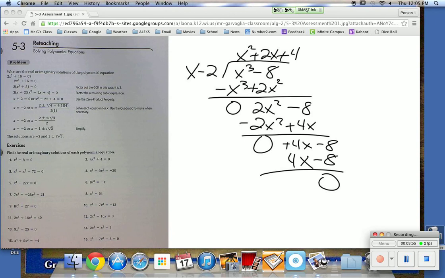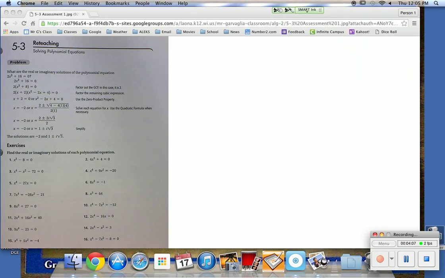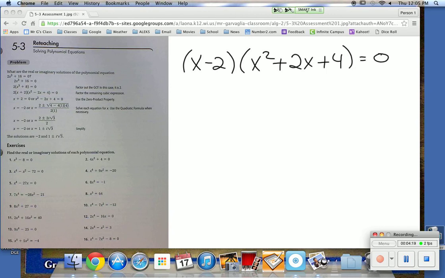So now we learned how to divide out x minus 2 into x cubed minus 8. So we got x minus 2 times x squared plus 2x plus 4, and this all equals 0.